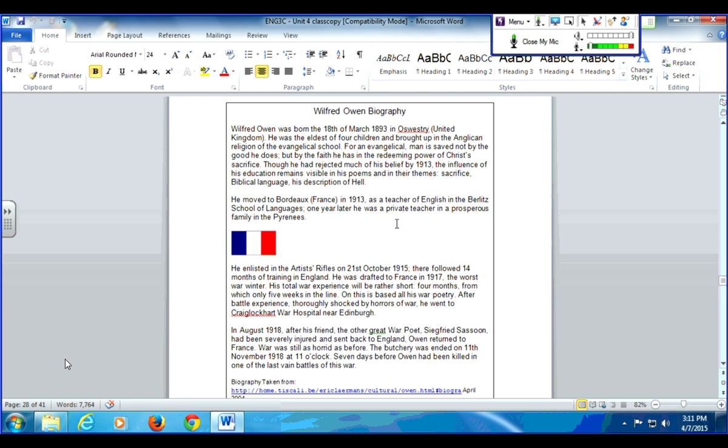After battle experience, thoroughly shocked by the horrors of war, he went to Craiglockhart War Hospital near Edinburgh. In August 1918, after his friend, the other great war poet Siegfried Sassoon, had been severely injured and sent back to England, Owen returned to France.